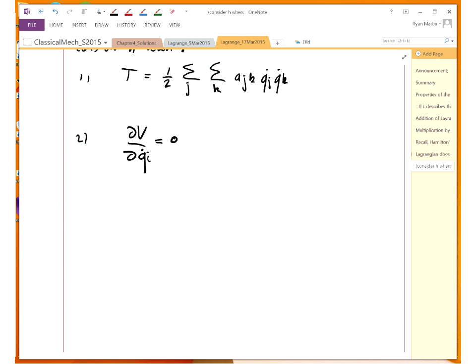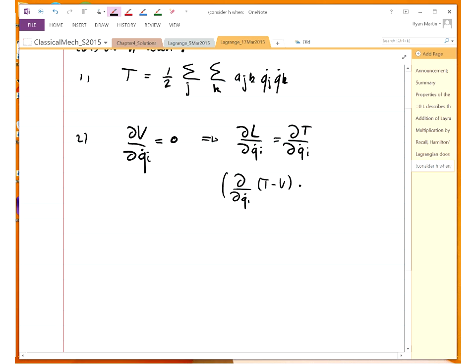So given these two assumptions, ∂V/∂q_i dot is equal to 0, that means that ∂L/∂q_i dot is equal to ∂T/∂q_i dot. That's like saying ∂/∂q_i dot of T minus V equals that, right?